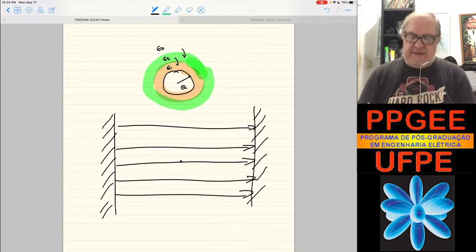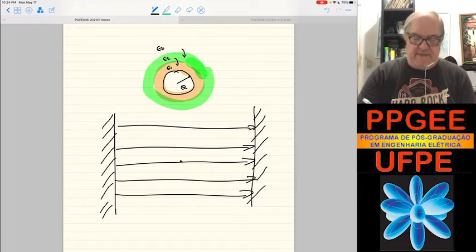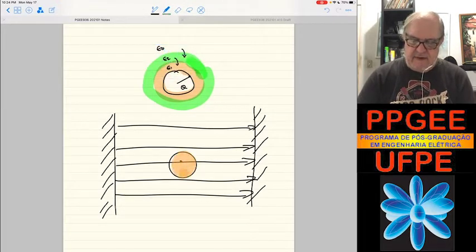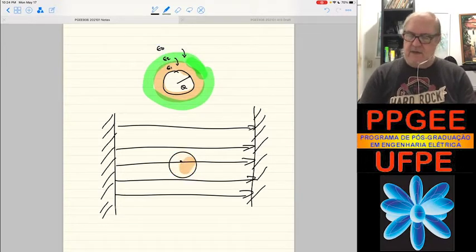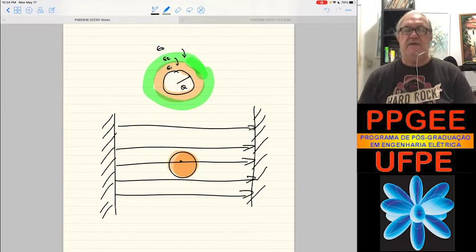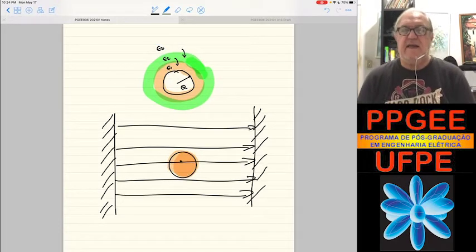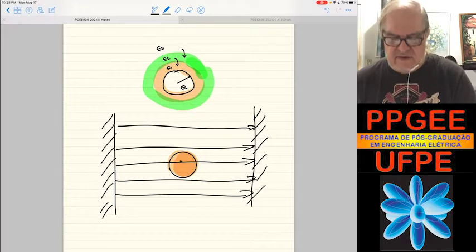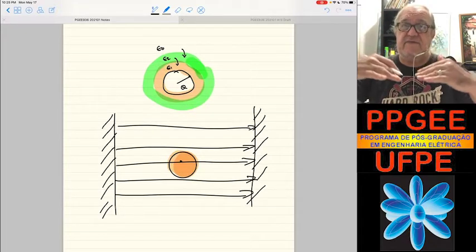Then what happens if I suddenly put a dielectric in this region? Obviously, the field is going to interact with the dipoles, so it's going to induce surface polarization charges on the surface of the sphere, and we are going to have some curving of the field.